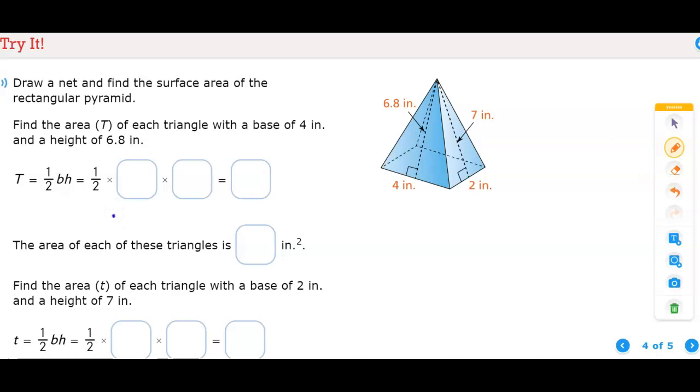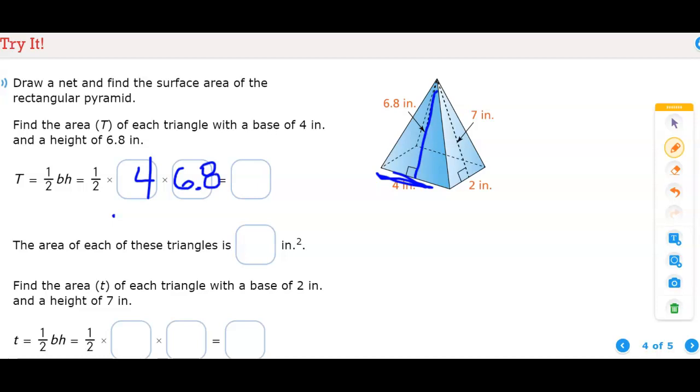The base of the triangle is here, that is 4. The height of the triangle, let's look at this triangle first that I already underlined the base for, would be the 6 8/10. So 6 8/10 will be the height of that triangle.